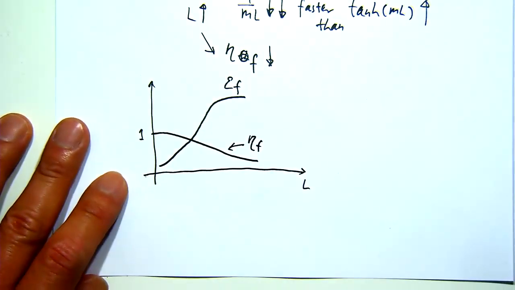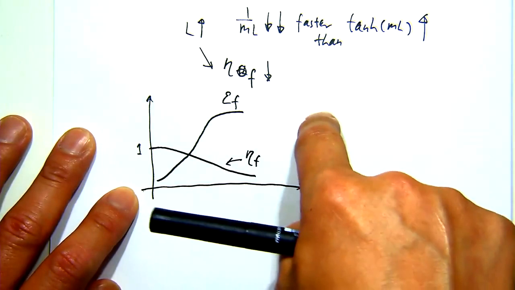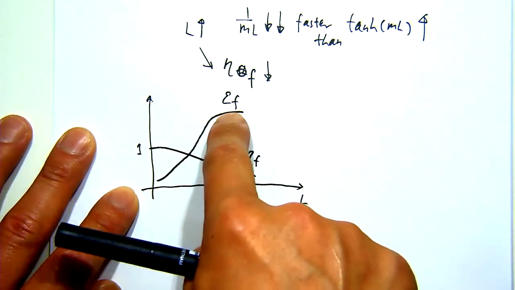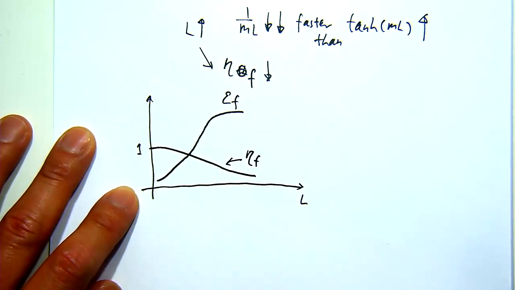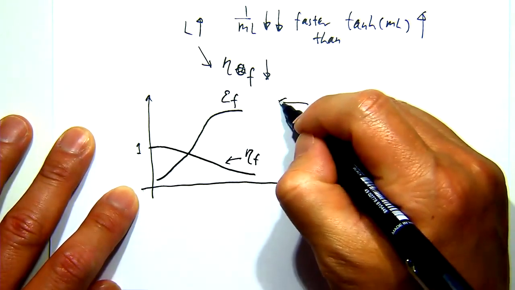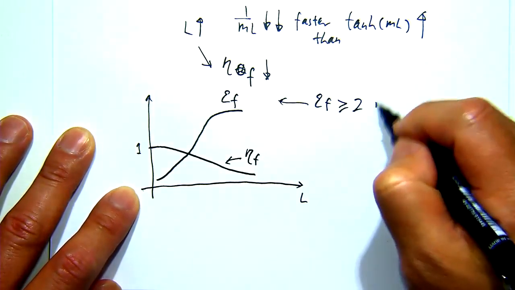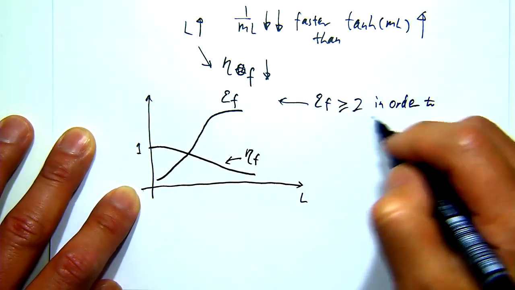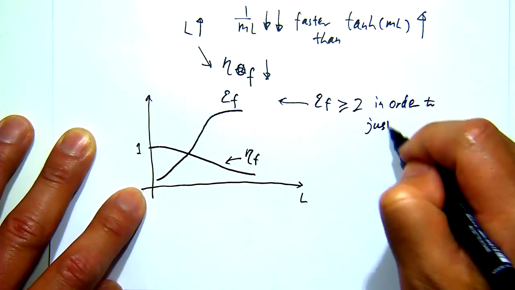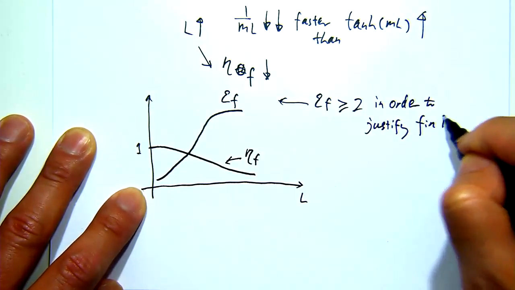Like this. And typically I should say the effectiveness value needs to be greater than 2 in order to justify the fin installation.